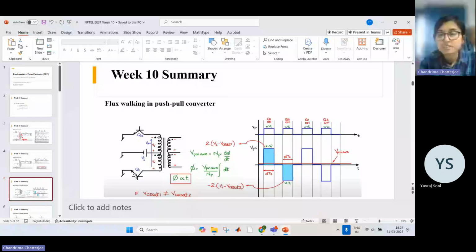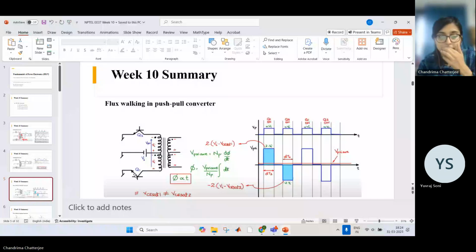During this time, if you see the voltage, the total primary voltage when Q1 is on is 2 VI. Because this is on, so VI here, and again some voltage VI is induced here because they are coupled by a core. So the total voltage is 2 VI. And here it is minus 2 VI when Q2 is on.